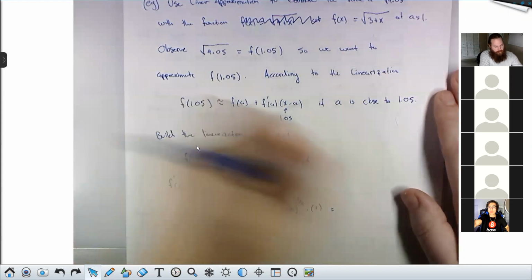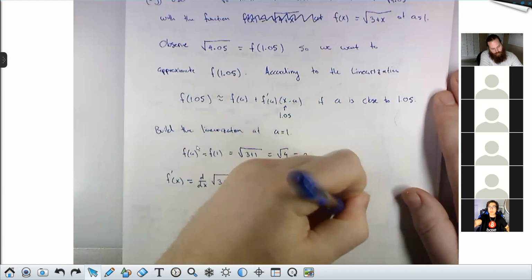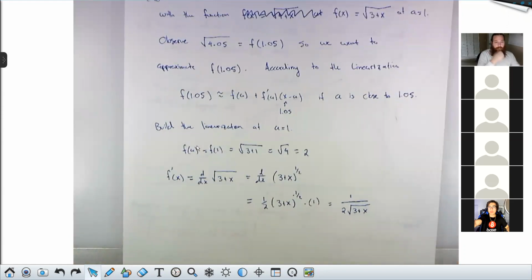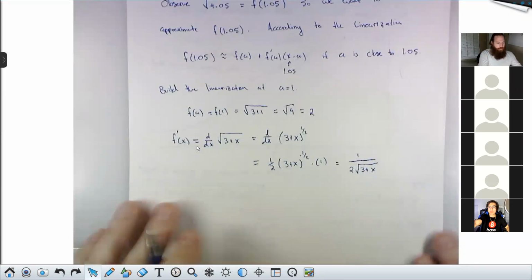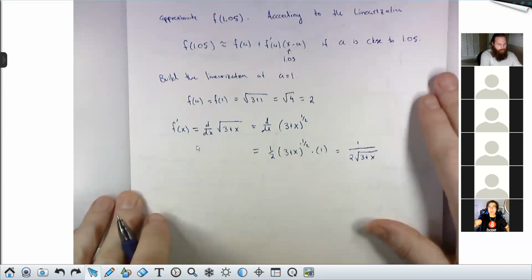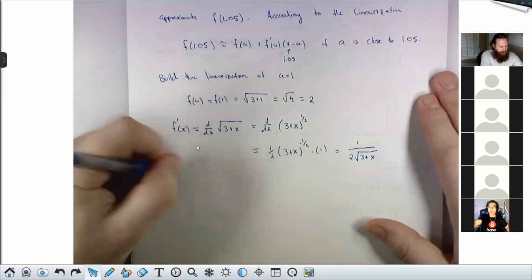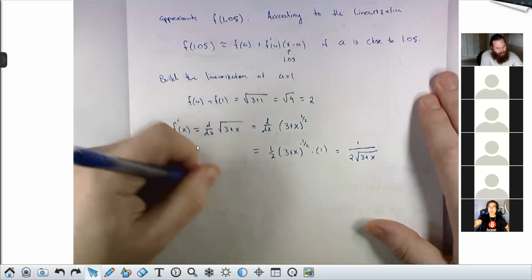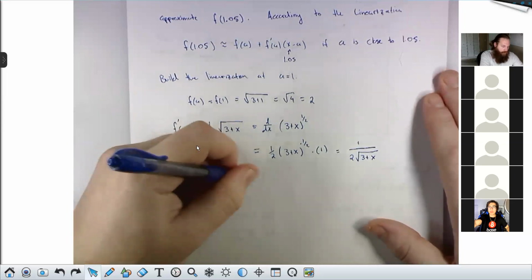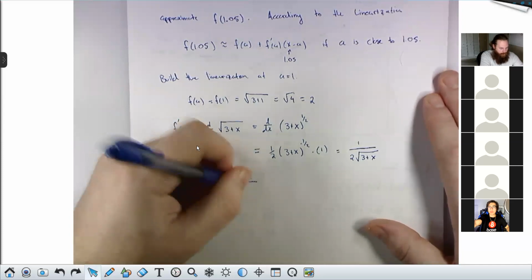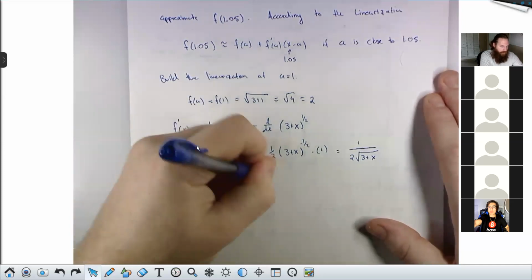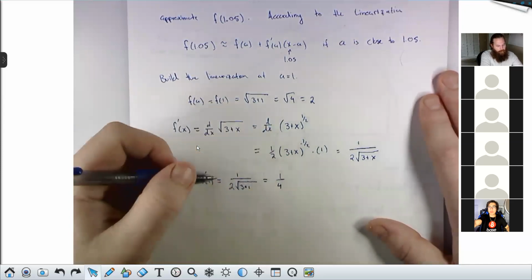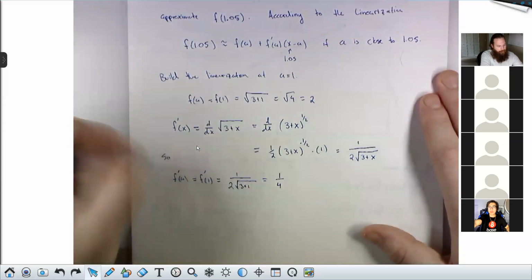So this is 1 over 2 square roots of 3 plus x. So f primed of a is f primed of 1, which is 1 over 2 times the square root of 3 plus 1, which is 1/4. Right? 1 over 2 times the square root of 4 is 1 over 2 times 2, which is 1/4.